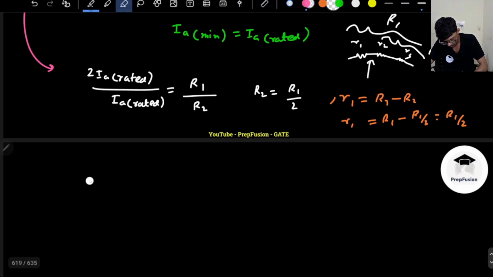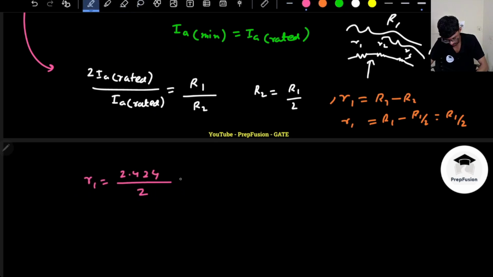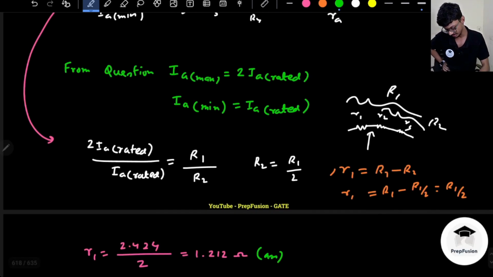So small r1 will be 2.424 divided by 2, which will be 1.212 ohms. Okay, so this will be the value of small r1. This is the amount of resistance that I need to cut out. So this is the answer for part B.